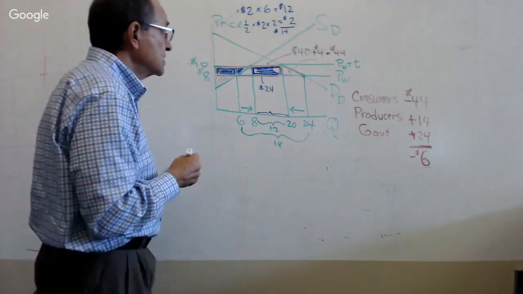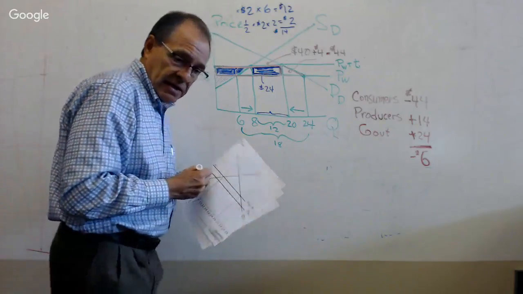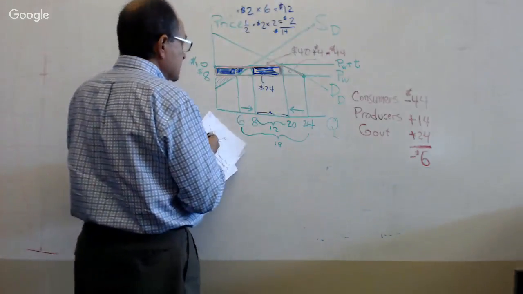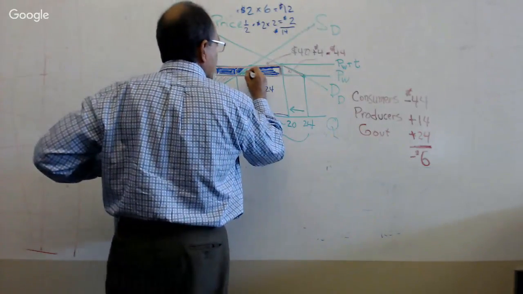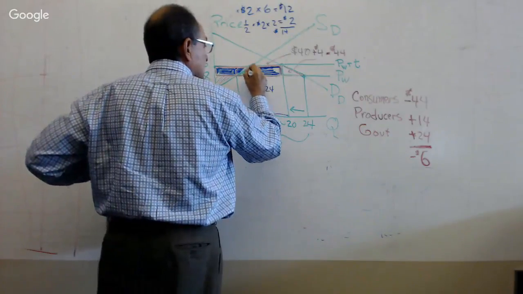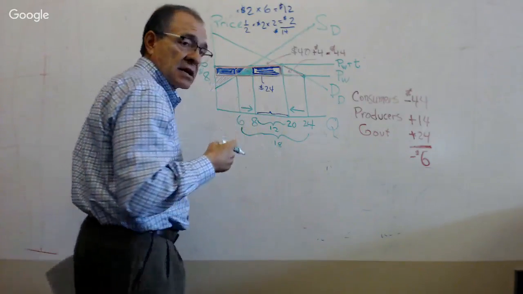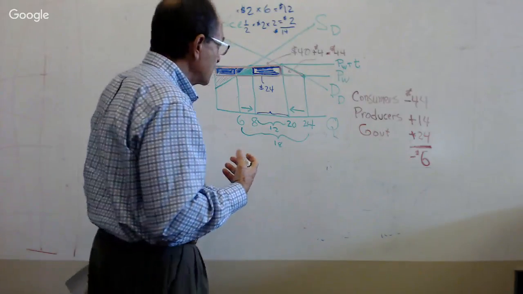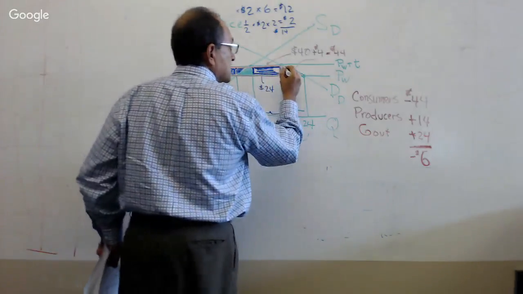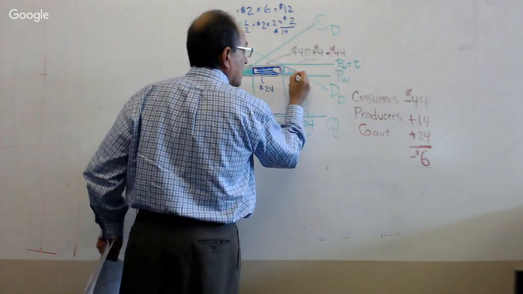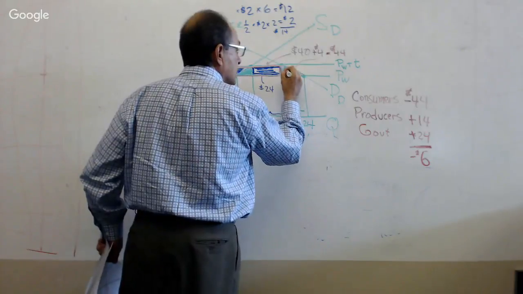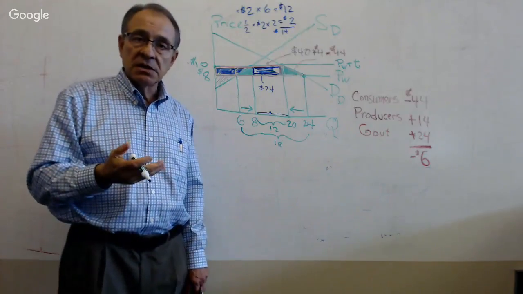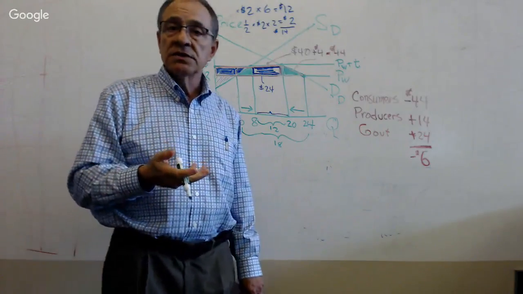Where are the $6? Well, that area is represented right here. It's the sum of this triangle, the production efficiency loss, the fact that we're encouraging less efficient, less productive domestic industries to substitute for imports, plus this area here that consumers lost. So the two green triangles represent the loss to the nation as a consequence of imposing this tariff.